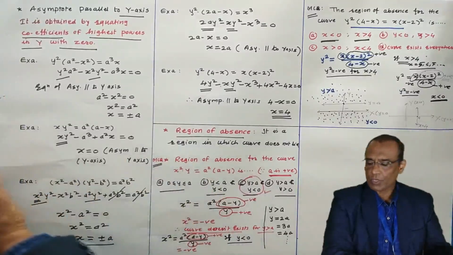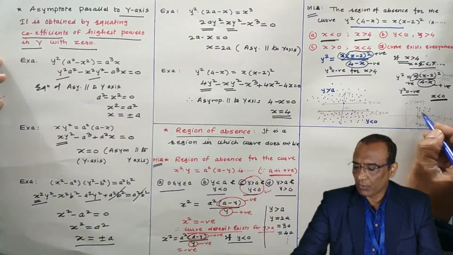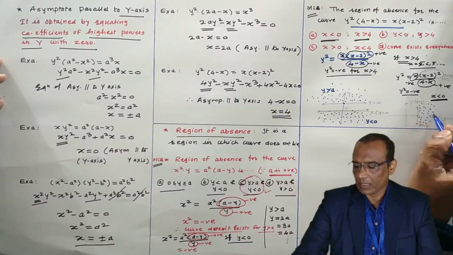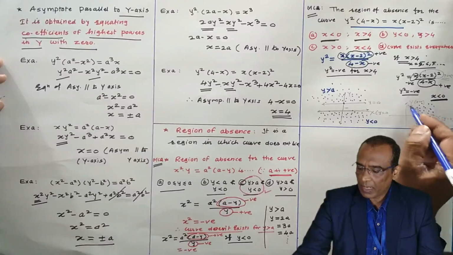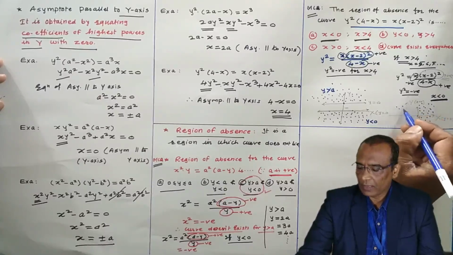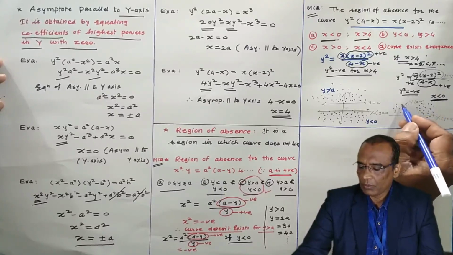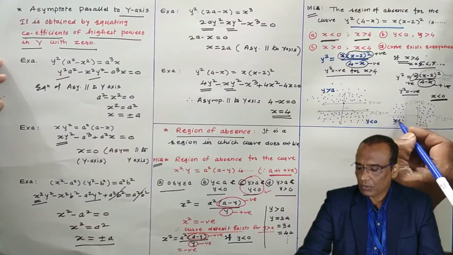X greater than 4 means which region? This dotted region is x greater than 4, on the right hand side of the line x equal to 4. And x less than 0 means this line, the y-axis x equal to 0. On the left hand side of the line x equal to 0, here we have x less than 0.